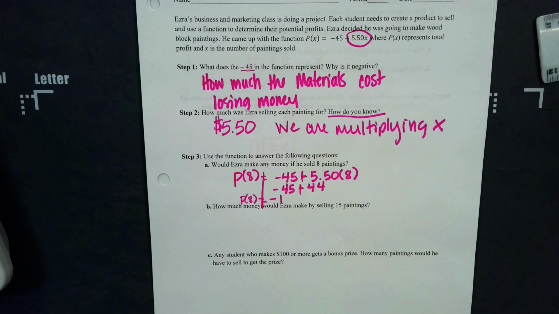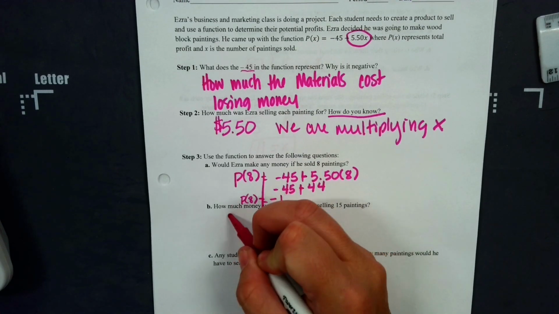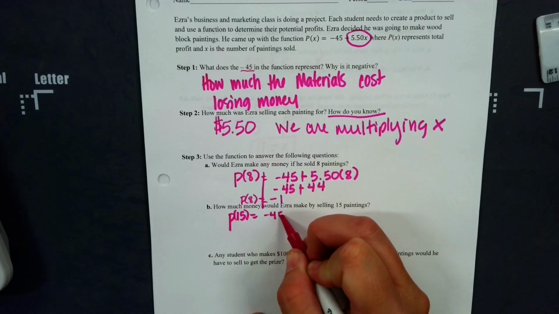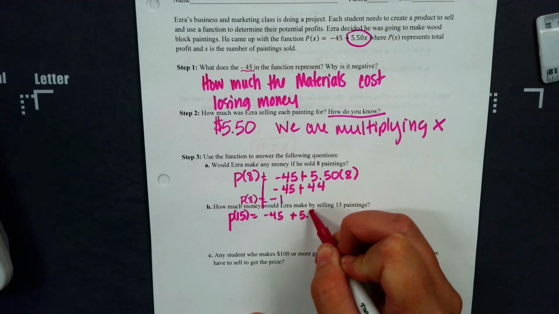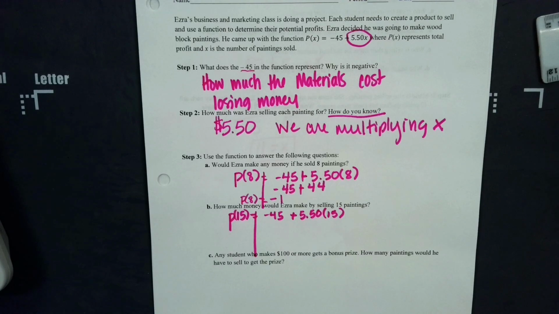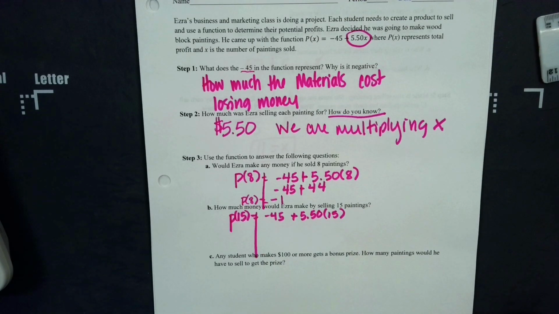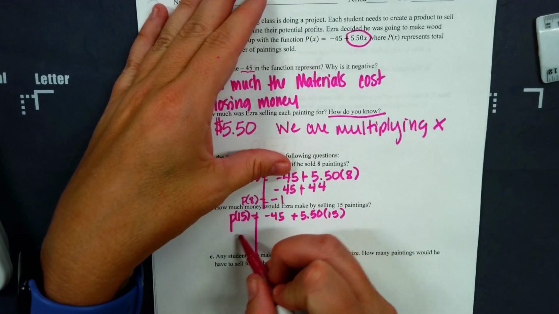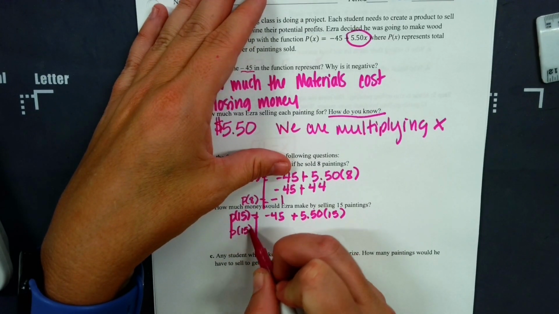How much money would Ezra make by selling 15 paintings now? So now we have P of 15. So what's 5.50 times 15? 82.5.